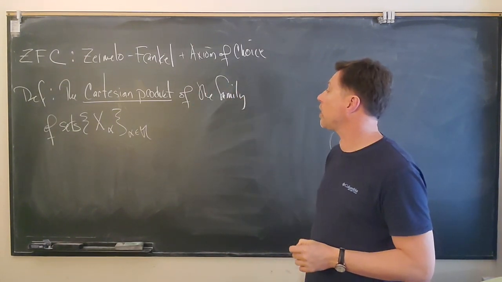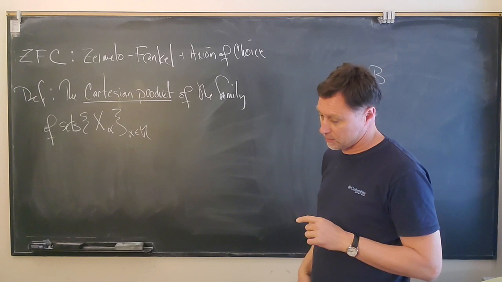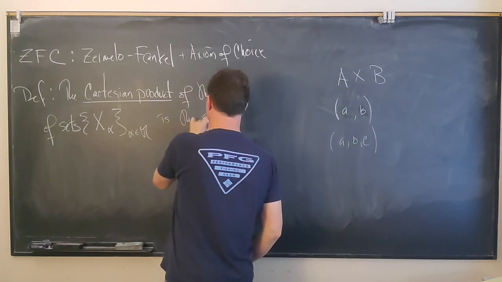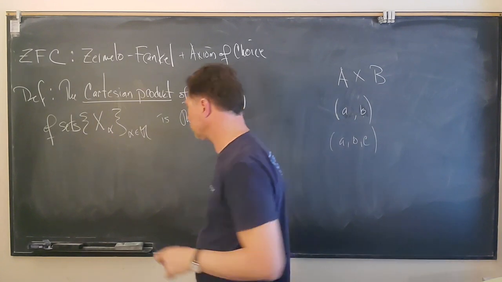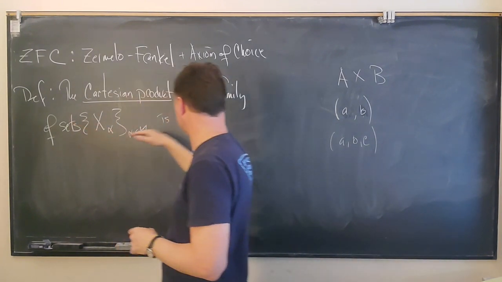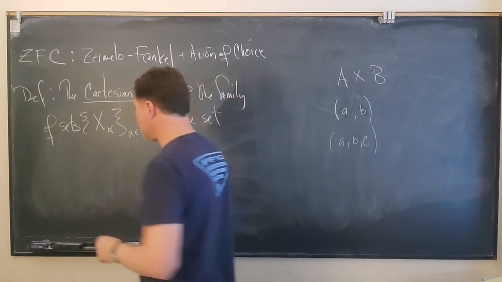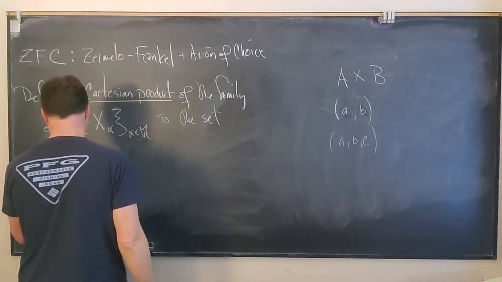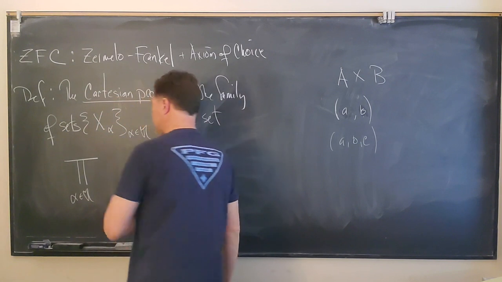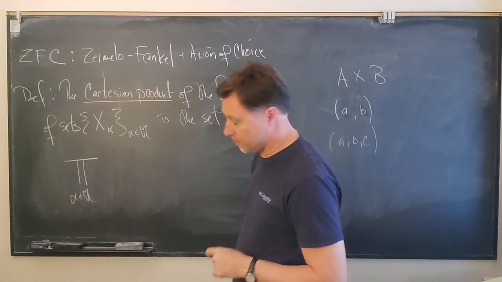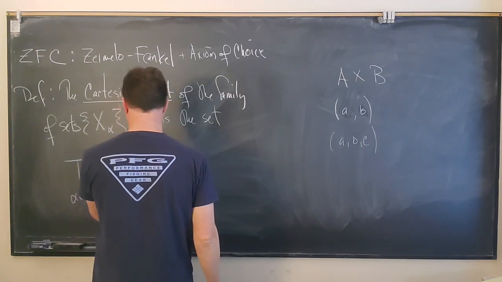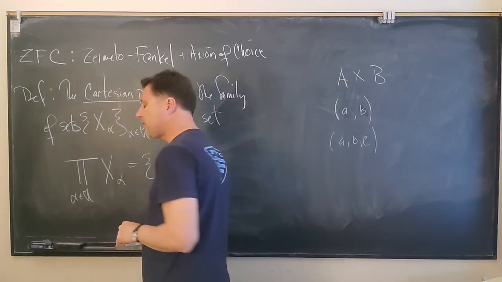So the Cartesian product of the family of sets is a set itself. It's denoted with a capital pi, subscripted by alpha an element of script A, X alpha. And it is, by definition, a set of functions.